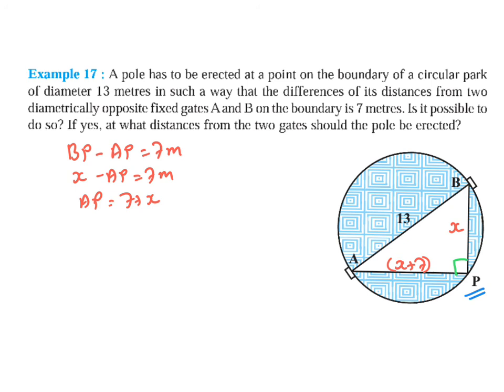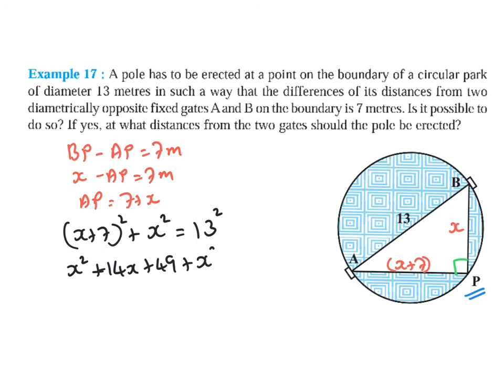So if we apply the Pythagorean theorem, we have (x plus 7) the whole squared plus x squared equal to 13 squared. If you open the brackets, (x plus 7) the whole squared is in the form (a plus b) the whole squared, so we can apply the formula a squared plus 2ab plus b squared. So x squared plus 14x plus 49, and the x squared as it is, equal to 169.